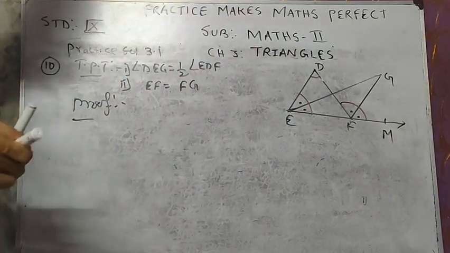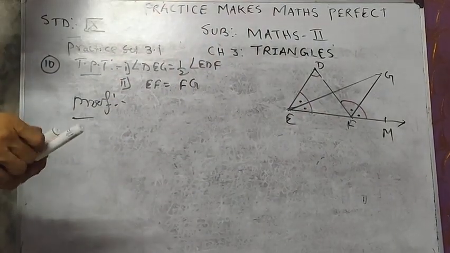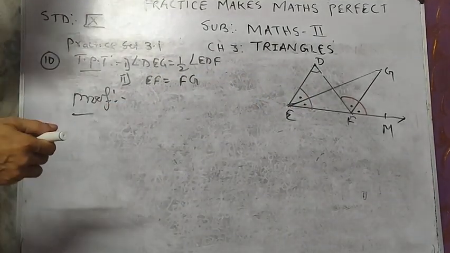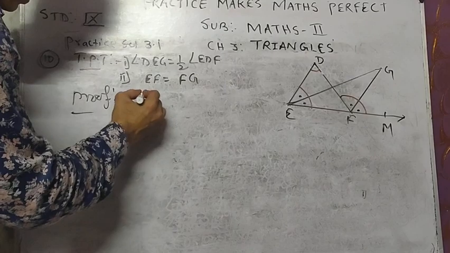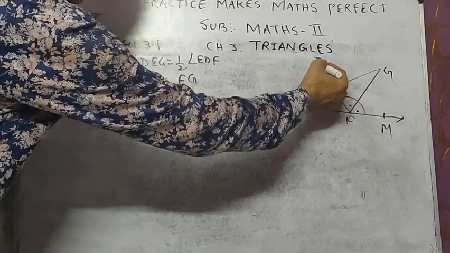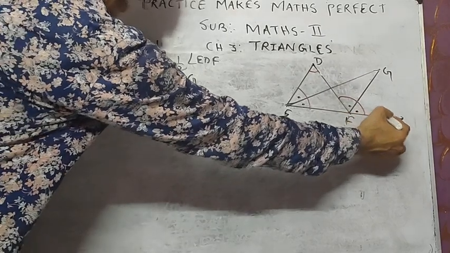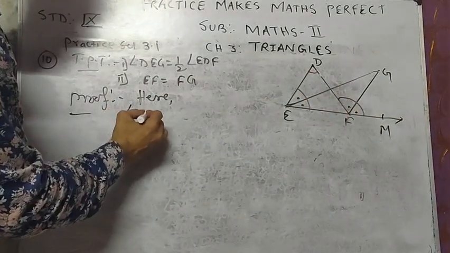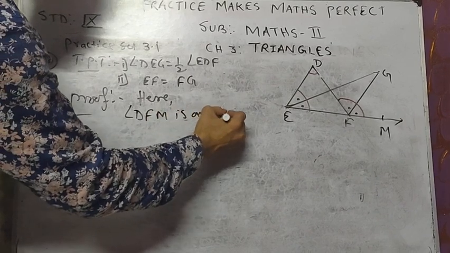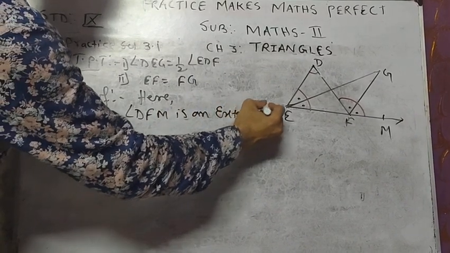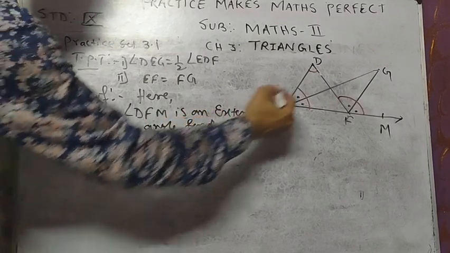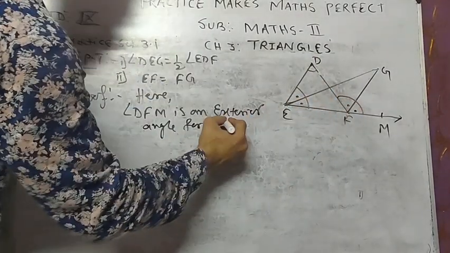Okay, you know exterior angle of a triangle is equal to the sum of remote interior angles. So pay attention here. Angle DFM is an exterior angle for triangle DEF.